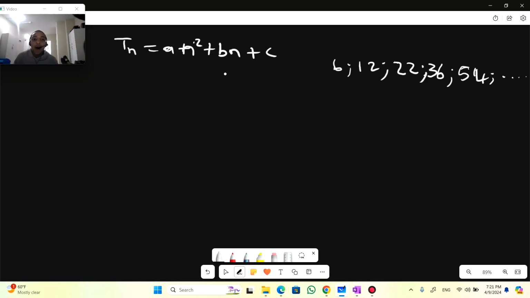Here the value of a is no longer representing our first term as we did on the arithmetic sequence. Now this a is a value which you need to find. So you need to calculate the value of a, the value of b and the value of c for our equation to be fully represented.